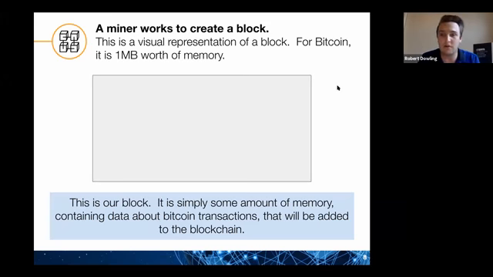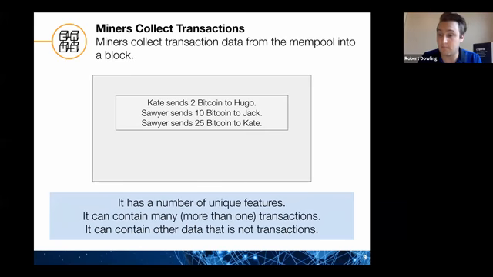So what does a miner do? Well, they create a bit of memory, and this is called a block from blockchain. They create a bit of memory. They store their transactions in this memory. They collect them. They have multiple different transactions from multiple different parties going to multiple different parties in the same block.